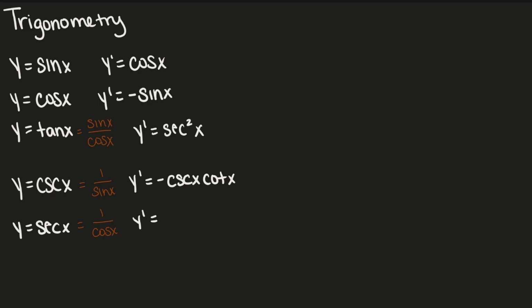Y prime will be equal to secant x tan x. And last, when y equals cotangent x, which is 1 over tangent, or cosine over sine, then y prime is equal to negative cosecant squared x.